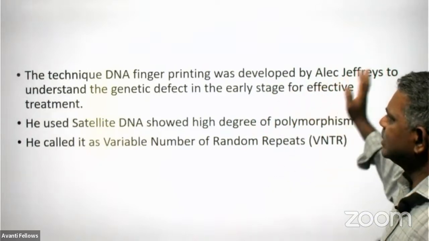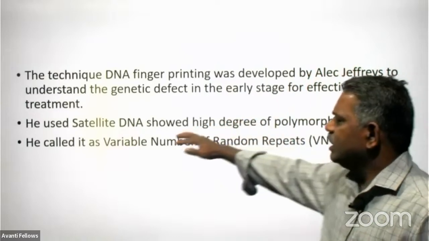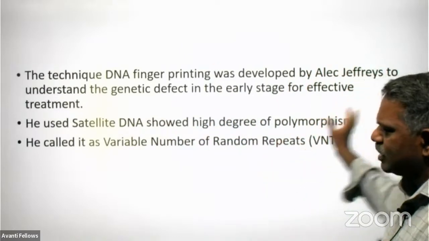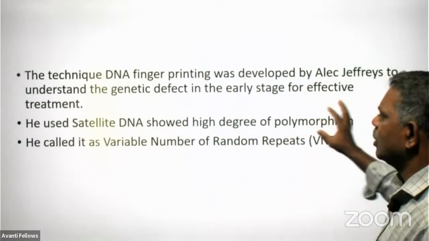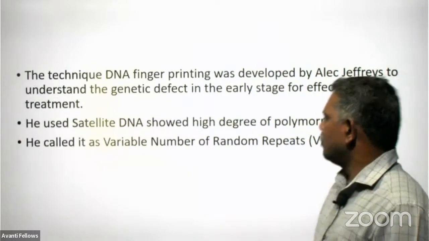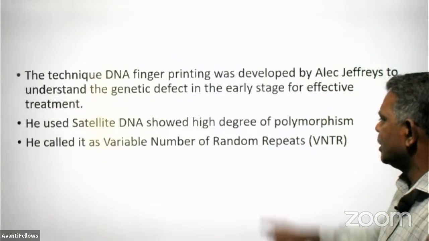This scientist, Alec Jeffreys, used the satellite DNA only because this satellite DNA shows a high degree of chemical changes, or polymorphism. And he called this polymorphism, or the chemical change in the satellite DNA, as what?